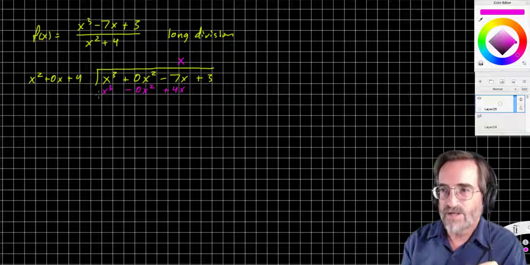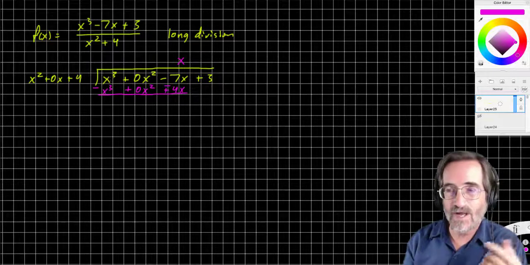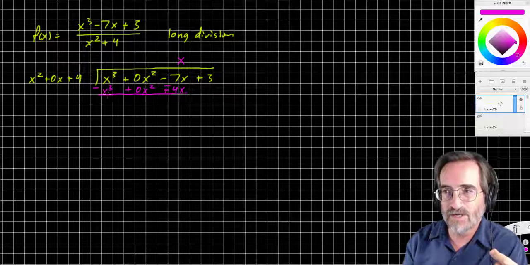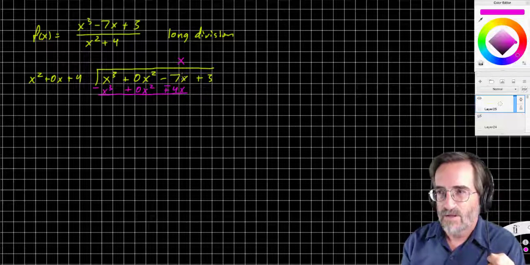And now the next step is to subtract, which means change all the signs and add, right? Subtracting is adding a negative. So x cubed minus x cubed is 0. 0x squared minus 0x squared is 0. Negative 7x and negative 4x is negative 11x.